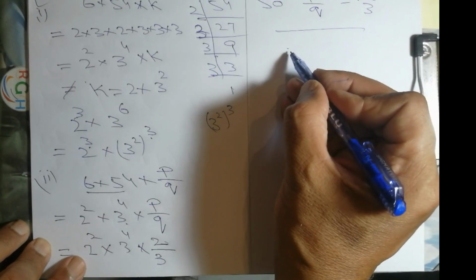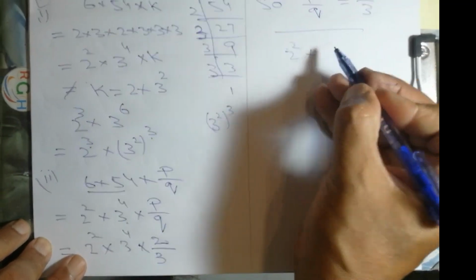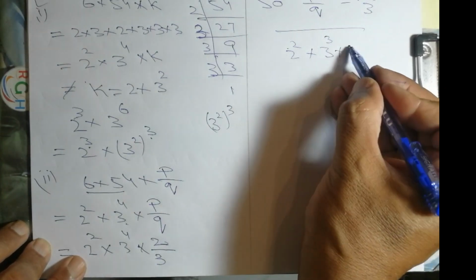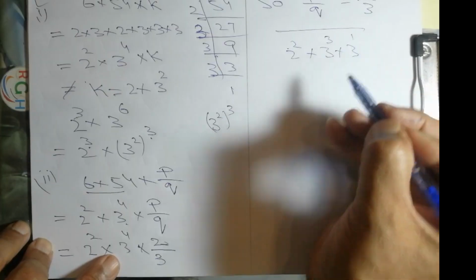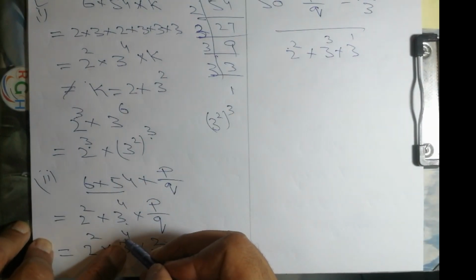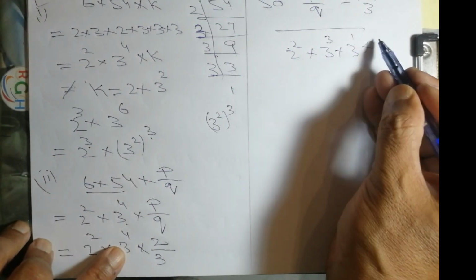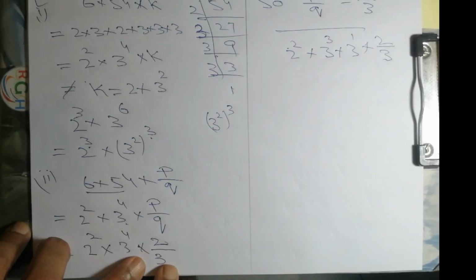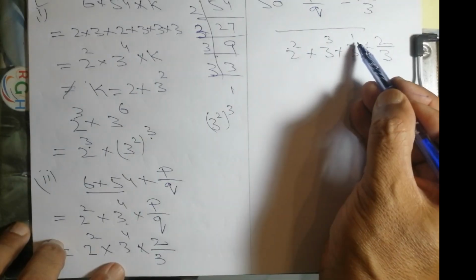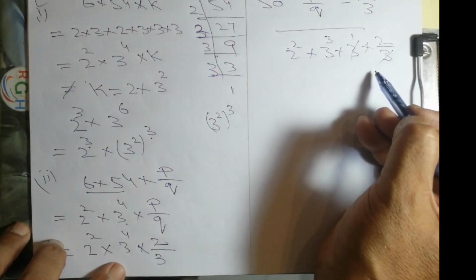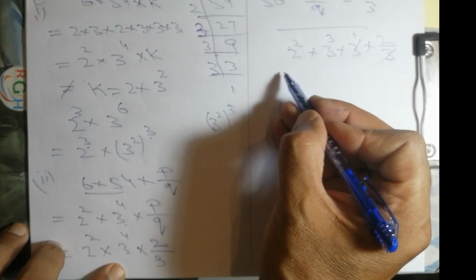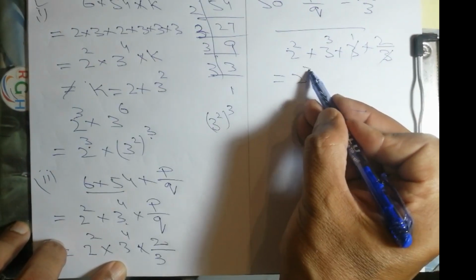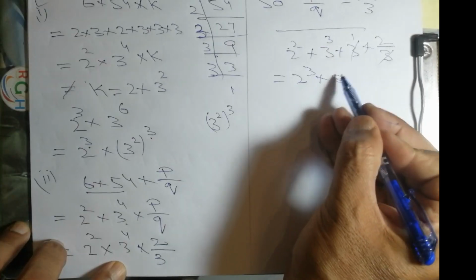So that is 2 raised to power 2 into 3 raised to power 4. I can write 3 raised to power 4 as 3 raised to power 3 into 3, and into 2 by 3. This 3 cancels with this 3, and now this will be 2 raised to power 2 plus 1, that is 3, and this is 3 raised to power 3.